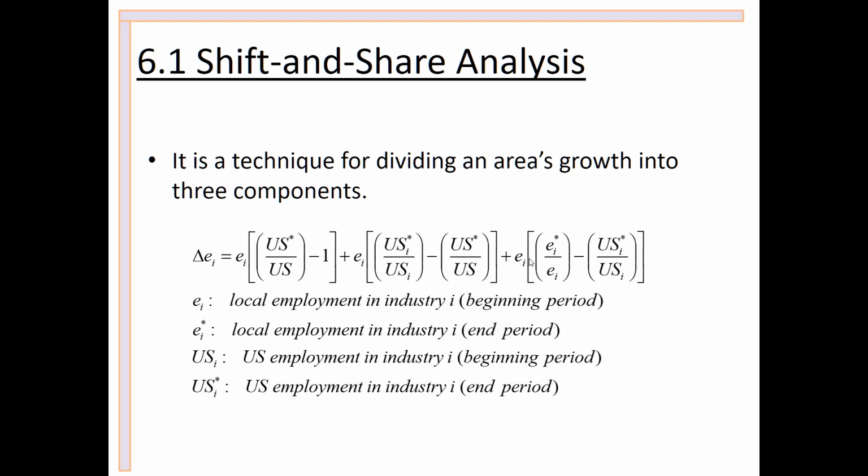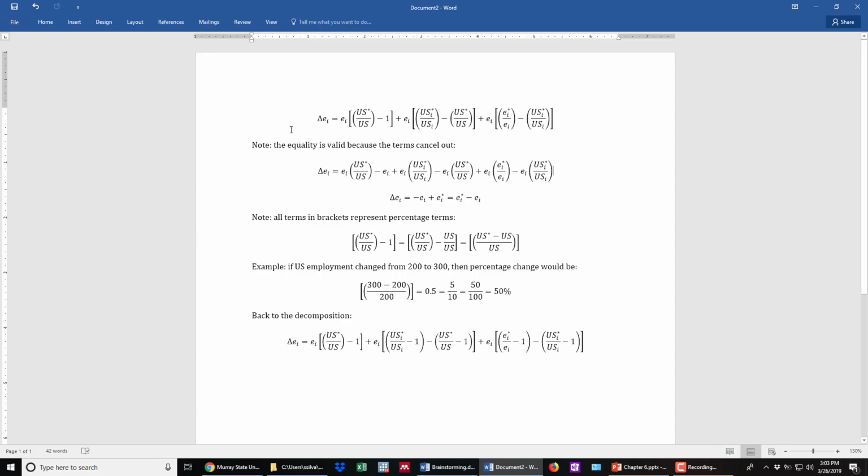Before we continue, I wanted to explore this formula a little bit. The first thing I would like to emphasize about this formula is that this equality here is valid for the simple reason that all the terms here will cancel out until all that you're going to see here will be delta EI.